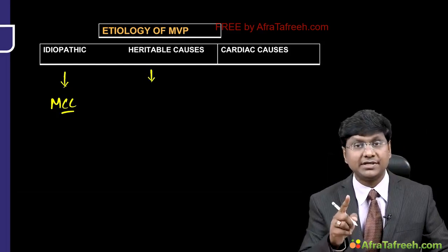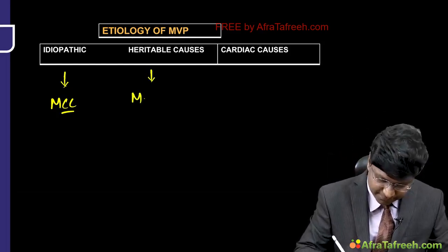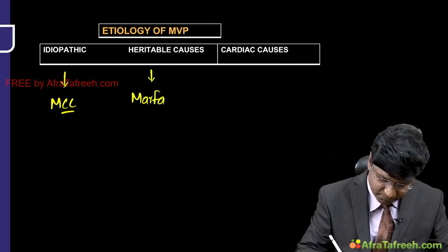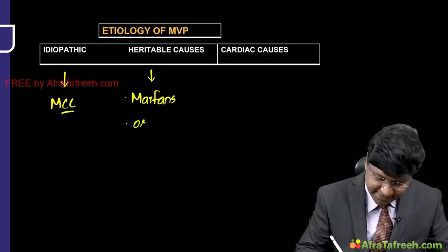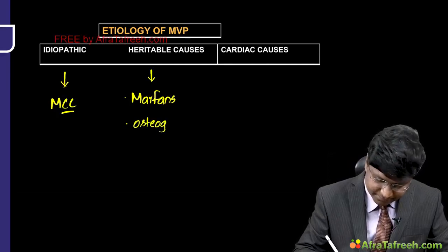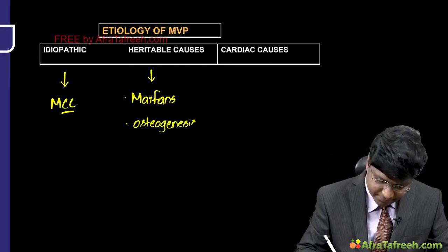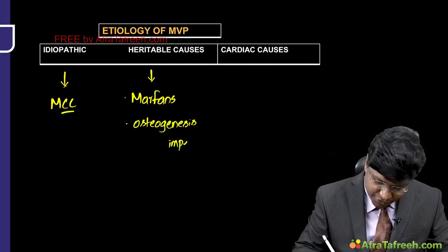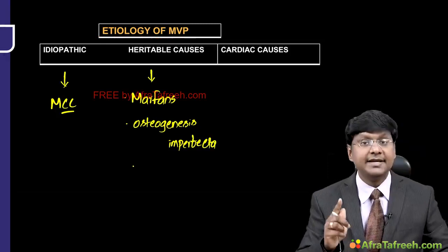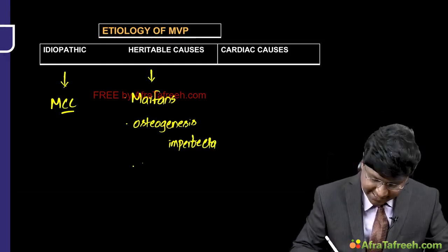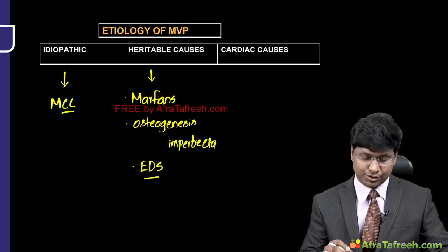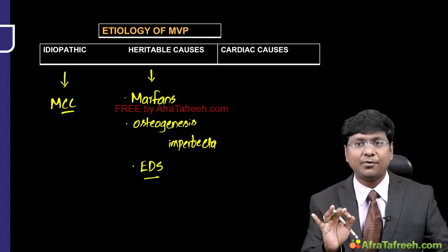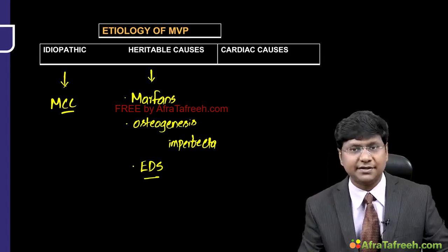That includes Marfan syndrome, number 2, osteogenesis imperfecta, and number 3, Ehlers-Danlos syndrome. So these are the 3 important heritable disorders of the connective tissue.